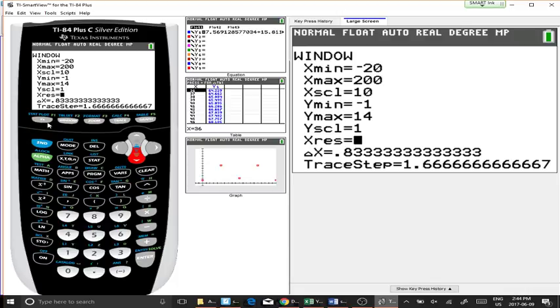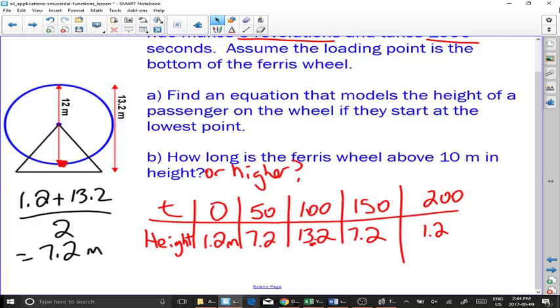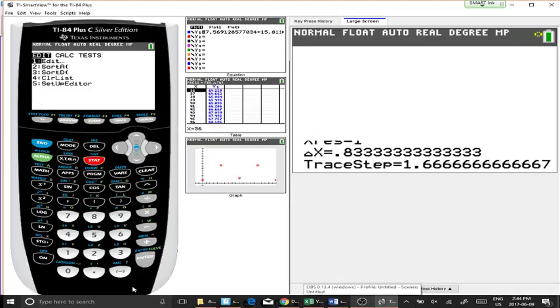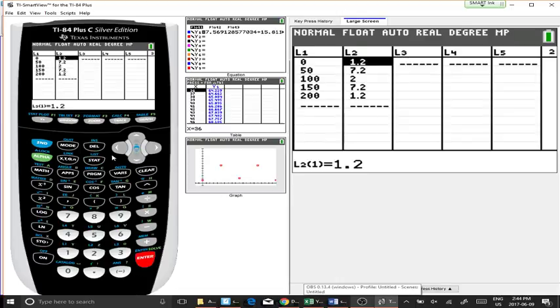I think I buggered up my points by looking at the graph. Those points look good. I think my points on my stat edit though are not good. Oh, I just made a mistake here. That should be 13.2.